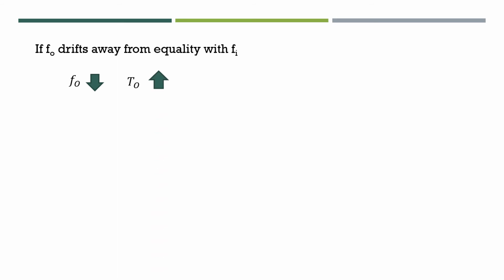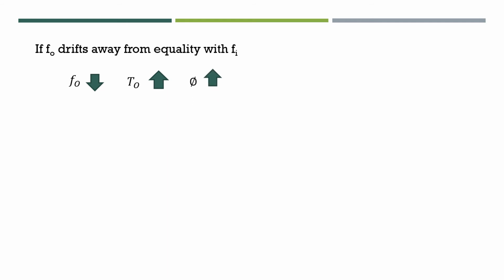Now, if the frequency F0 drifts away from equality with Fi, that is, if either F0 is increasing or decreasing compared to the input frequency. In the first condition, if F0 decreases, what will happen? We will take the system waveforms that we have considered. If F0 decreases, the time period should increase, T0 increases.